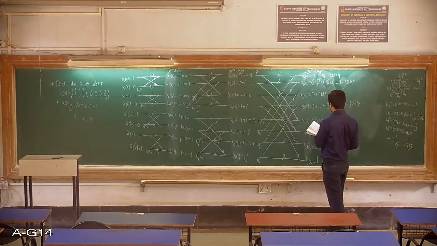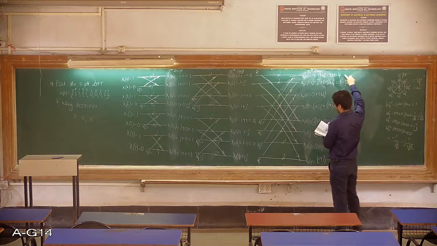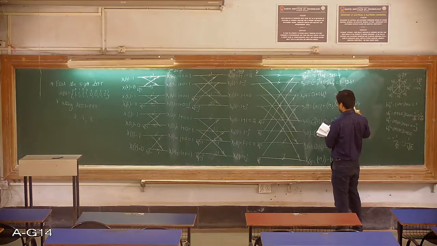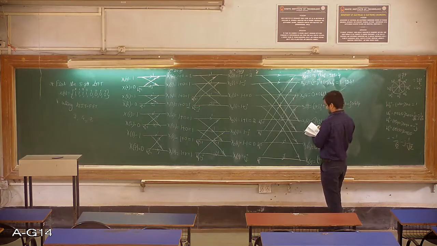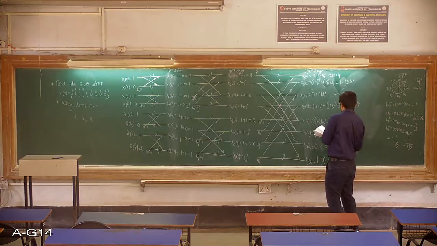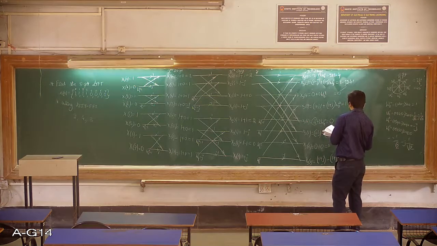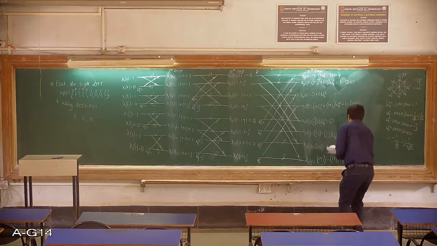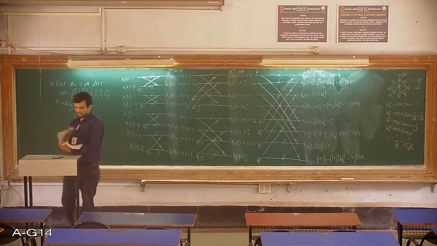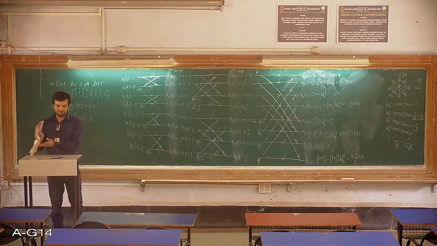X3 of 4, this value 0, and this value is 0, and this value is 1 plus j of 0.414, 0, and the last one is 1 plus j of 2.414. Just substitute the values and simplify it.